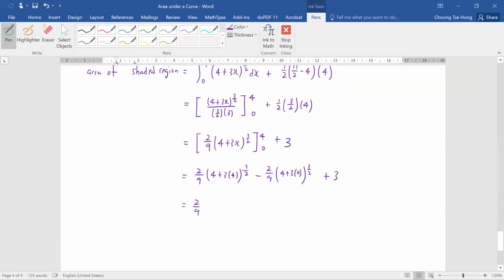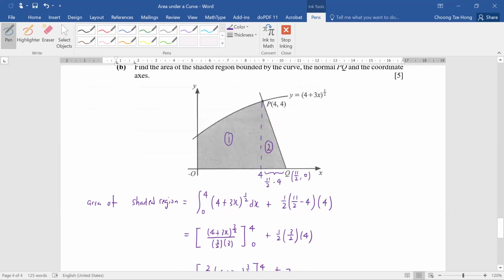Square root of 16 is 4, and 4 to the power 3 gives 64. For the other one, square root of 4 is 2, and 2 to the power 3 gives 8, plus 3. If you compute this out, you will get the answer 15 and 4 over 9 units squared. So not too difficult. Whenever you have a shaded area, just divide it into different regions, find the area for each region, and then sum them up together.